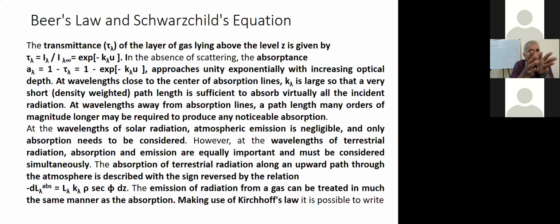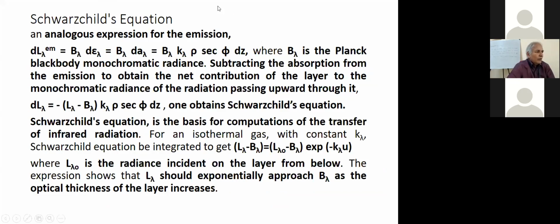So in that case, we can use Kirchhoff's law, which says that any good absorber has to be a good emitter. So one can get an expression for the emission.